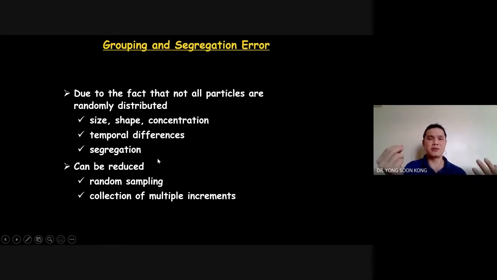Sometimes you determine replicate 1 until replicate number 4. Sometimes they are very uniform, sometimes they are up and down. They are not uniform. So these are the signs of the appearance of random error. Now this random error can be reduced by using random sampling or the collection of multiple increments.